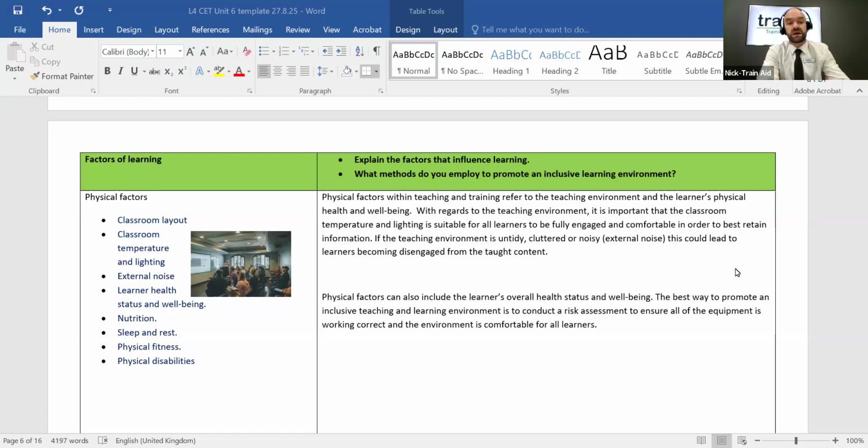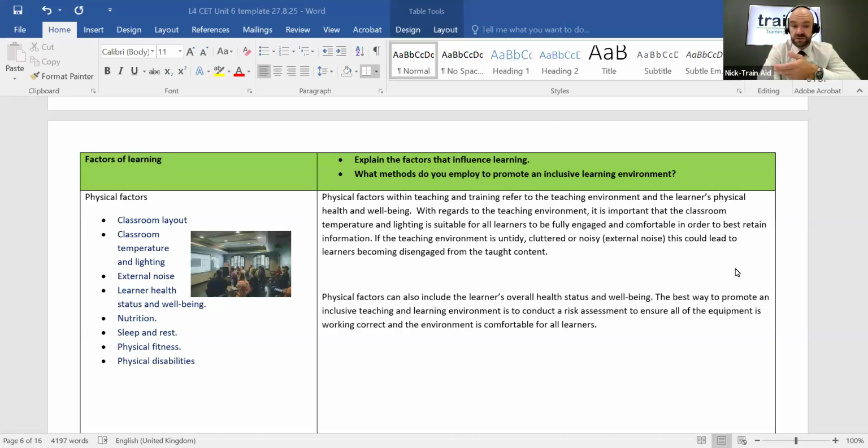Furthermore, this factor is all to do with the learner's health and well-being, in terms of their background, things such as nutrition: are they fully alert or are they hungry? Things to do with sleep and rest: are they well rested for the teaching that particular day?